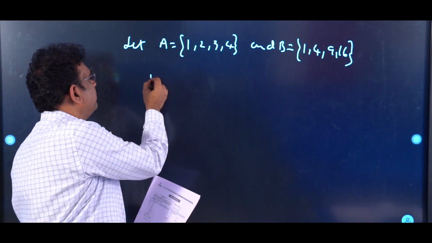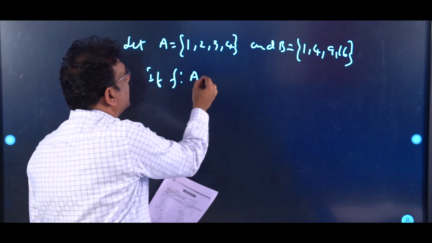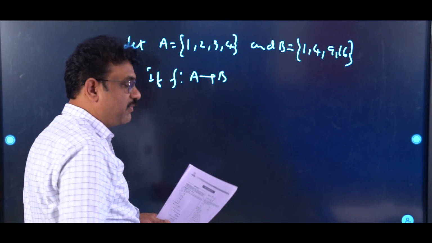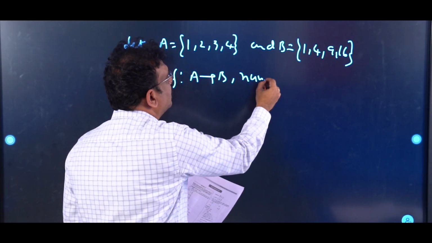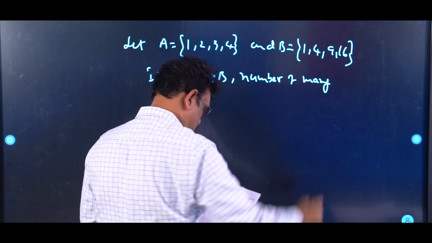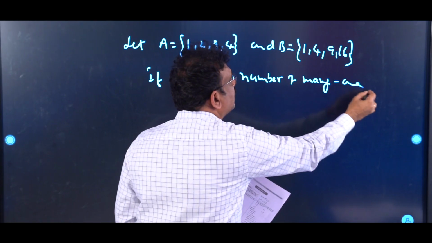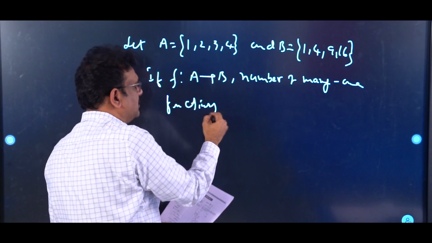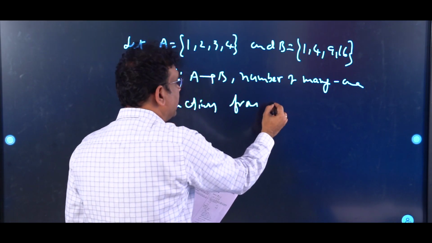If f maps A to B, find the number of many-one functions from A to B.